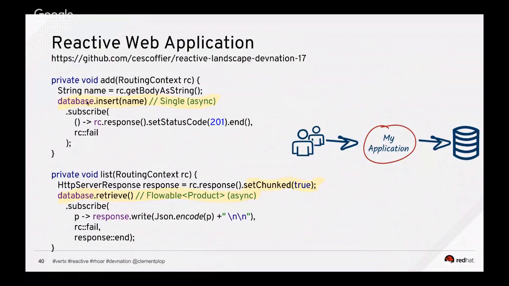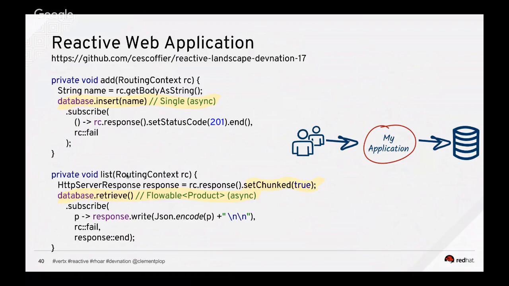Let's imagine that my database has this API here, insert, that returns an RxJava 2 Single when the insertion has been done. So I get a request, I do that on my database, and once the insertion has been done, I just reply with the 201, so created HTTP response. And if something bad happened because the database is not there or a timeout, or so, I just fail the request.